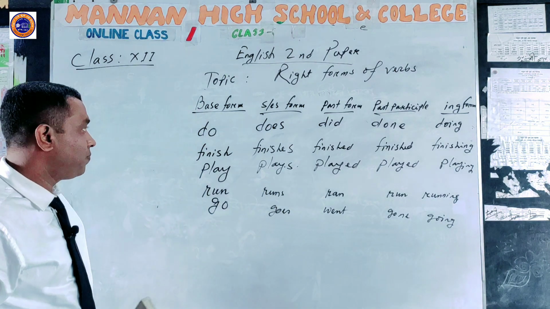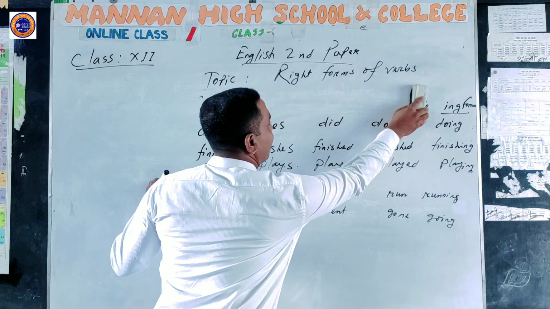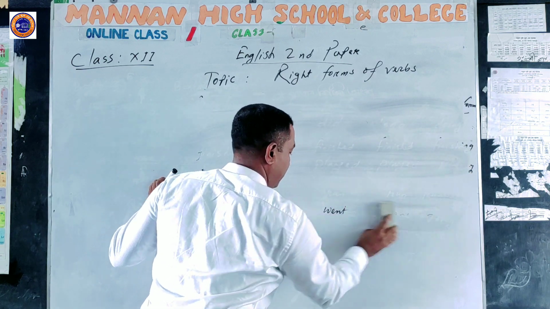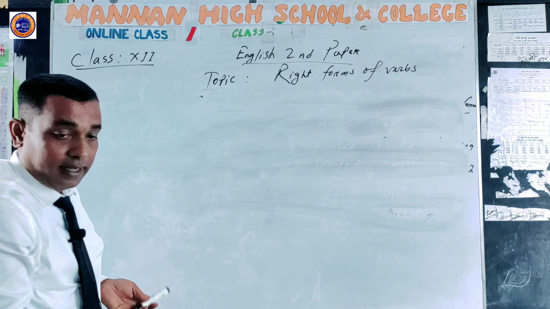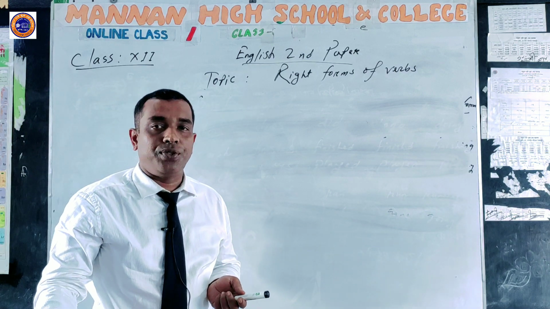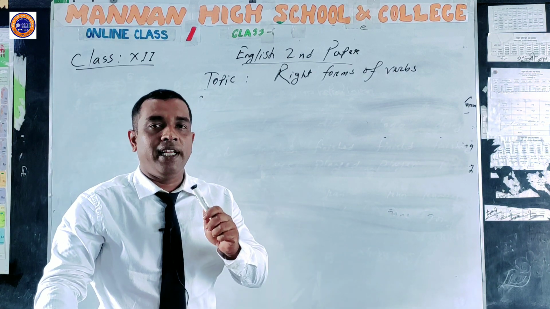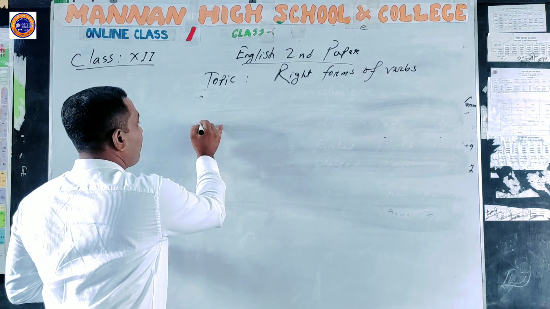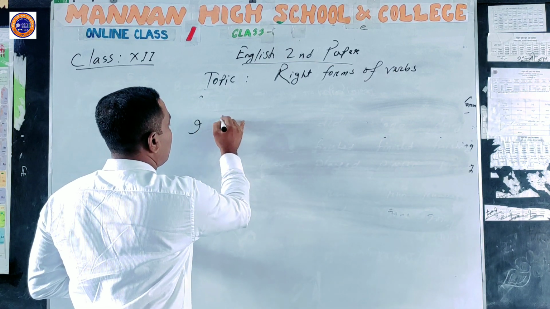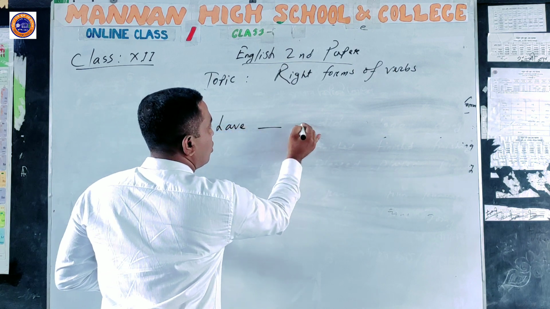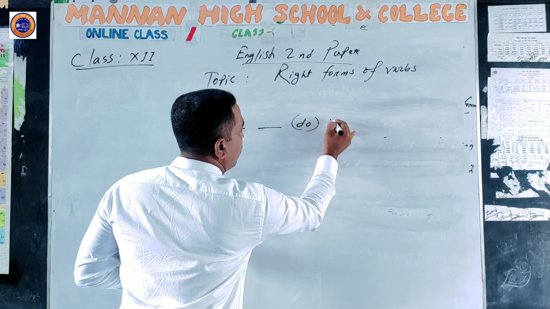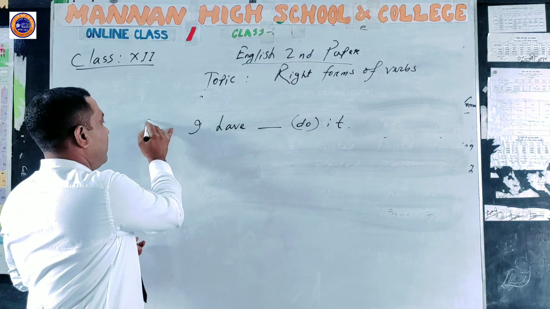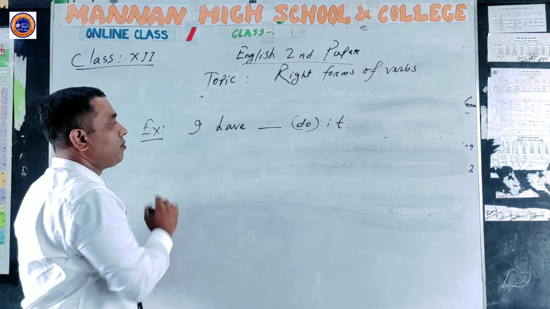In the question, there will be 10 gaps and the verb will be given in the bracket. Suppose I have, for example, do in the bracket.